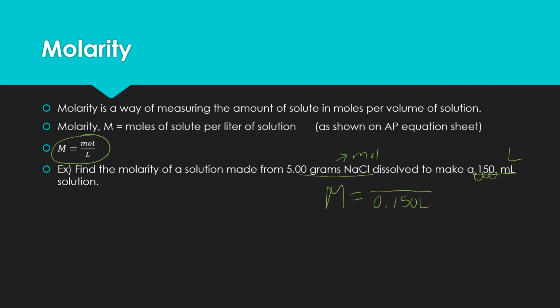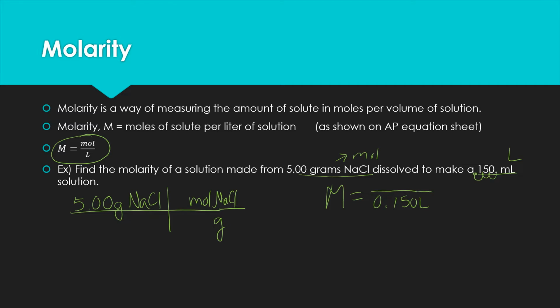But we need to do a little more math to get our number of moles. So if we have 5 grams of sodium chloride, we need to change that into moles of sodium chloride. And we do that with the molar mass of our chemical. So we're going to add up the mass of sodium and the mass of chlorine. Sodium has a mass of 22.99.